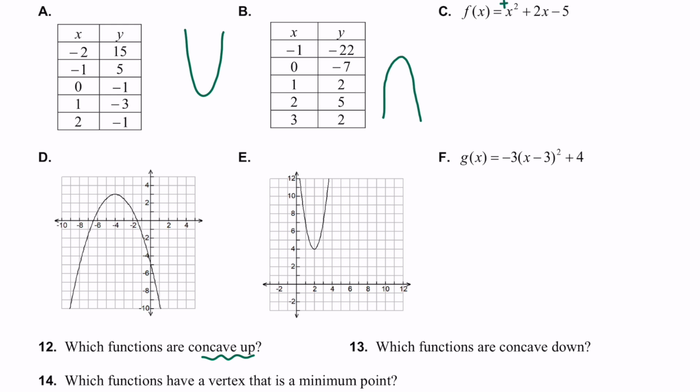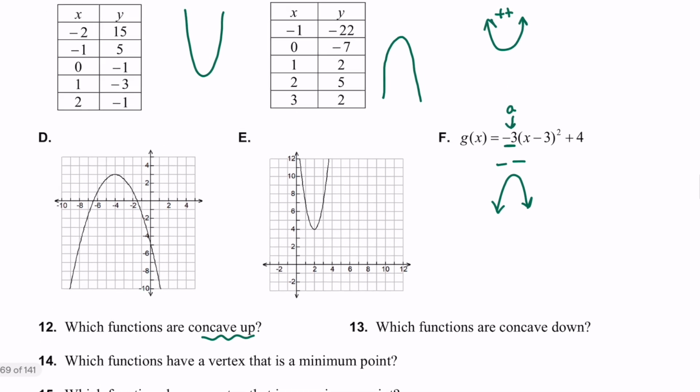This is going to be a concave down graph. If the A is positive, the graph points up. If the A value is negative, like this -3 is our A value, it's going to be concave down.